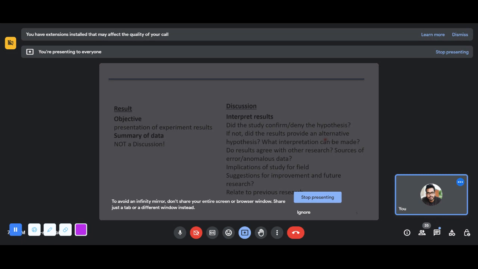If not, did the result provide an alternative hypothesis? What interpretation can be made from this hypothesis? And do the results agree with other research, like the data already provided in the literature? Are these aligned with those results where they should be aligned, or is it something very orthogonal, very unique, or very groundbreaking, and this kind of problem is not at all stated in the literature?